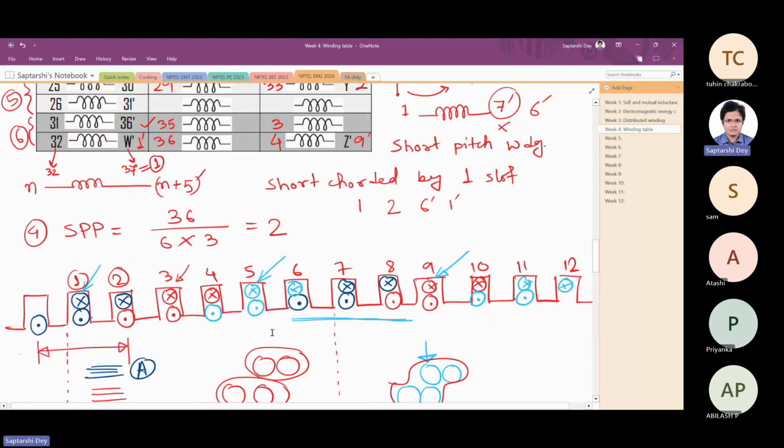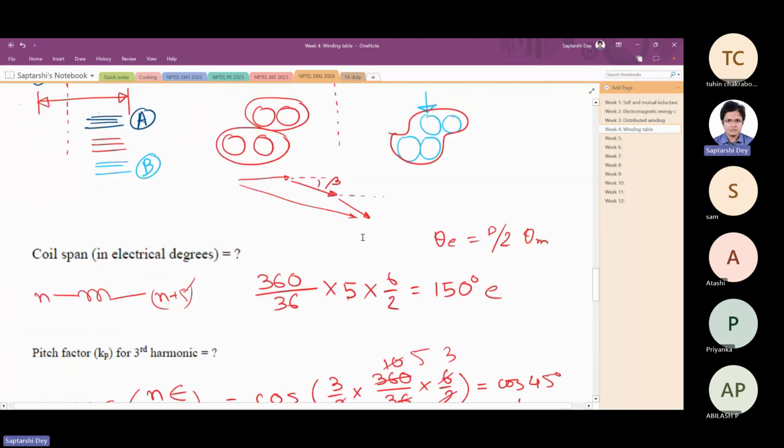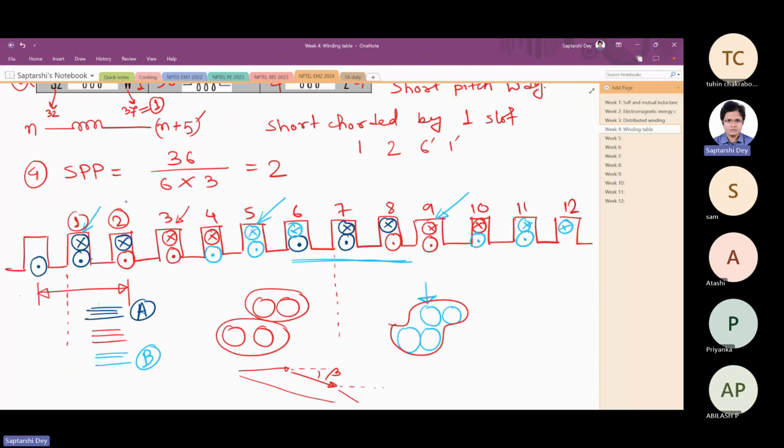Why? Because all the groups are always seeing the same magnetic field. Yes, this is correct. And each are carrying 5 ampere. They are in series, so they have to carry the same current. Can you understand? Look at this group.